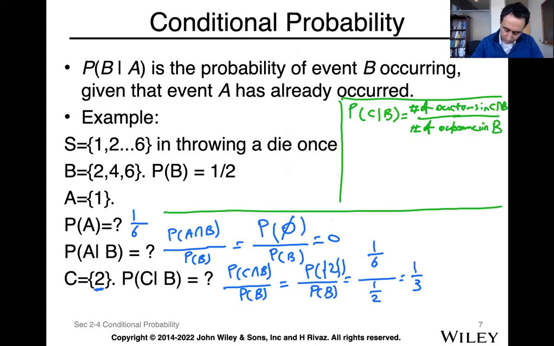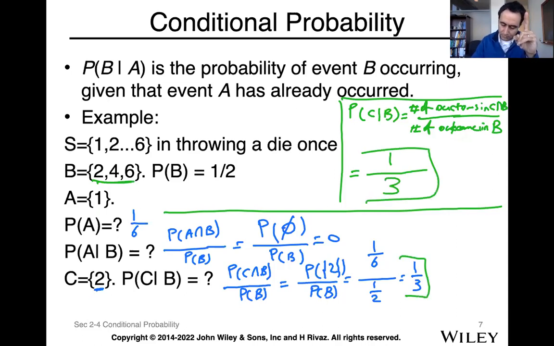So here the important thing is that I write in B because when I divide by the total number, I know that B has already happened. So I divide by B, and that is going to be equal to number of outcomes in C intersection B, that's only 1 outcome, right? And number of outcomes in B, B has 3 outcomes, right? So 1/3 and we arrive at the same answer, 1/3.